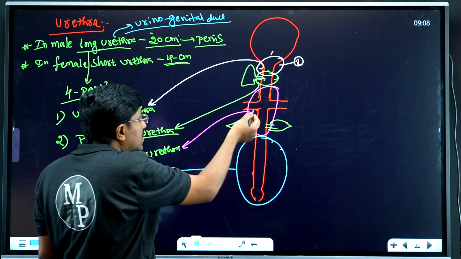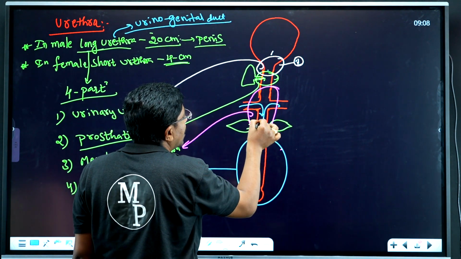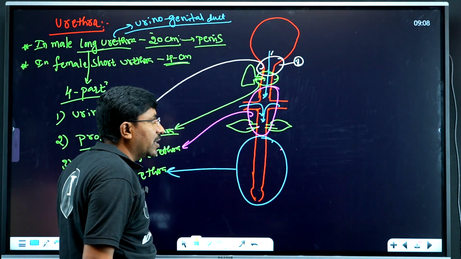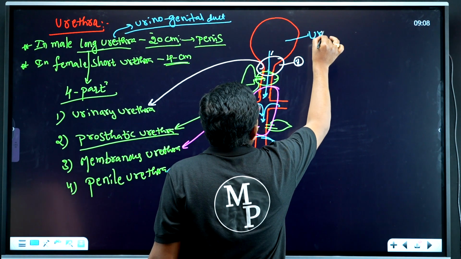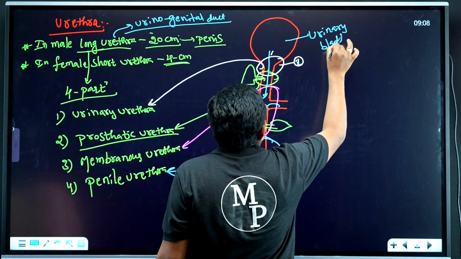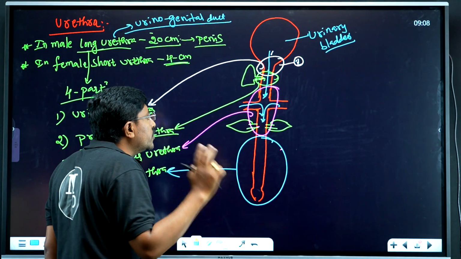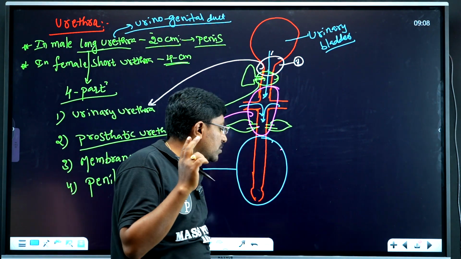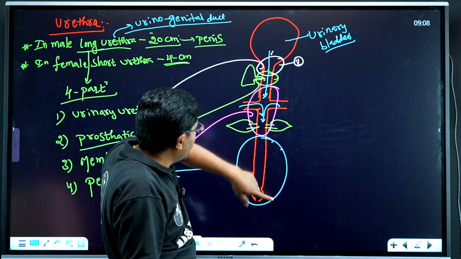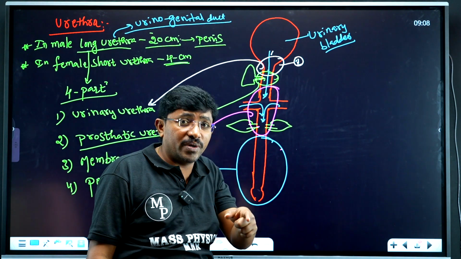Through the single urethra, it receives the sperms from the ejaculatory duct and also transports the urine from the urinary bladder. So the urethra performs two functions: one is the passing of urine, and the second is the transportation of semen into the female reproductive tract.